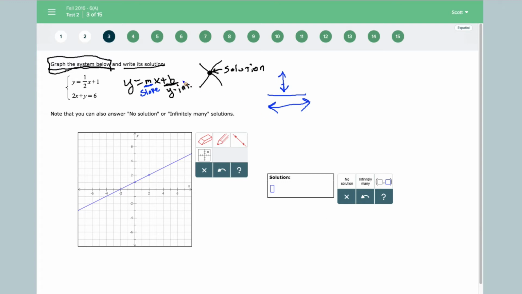Alright, so next we look at this equation. Well, we see that it's not in slope-intercept form, and there are two ways to solve this, and I'll show you both ways. One is to solve for y.